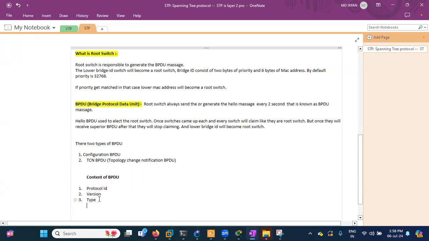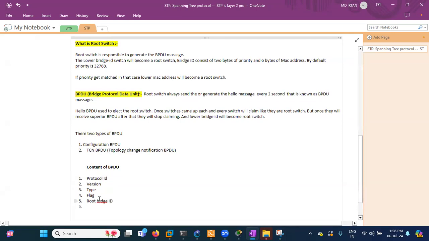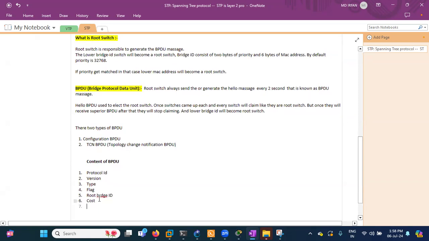Fourth, flag. Fifth, root bridge ID. Six, cost. Seven, designated bridge ID.